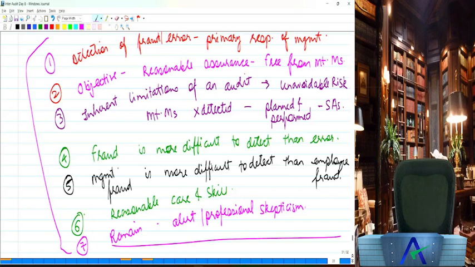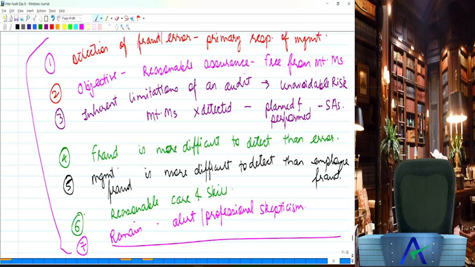Then he says, I did my work with reasonable care and skill. I remained alert throughout the audit. I maintained an attitude of professional skepticism.